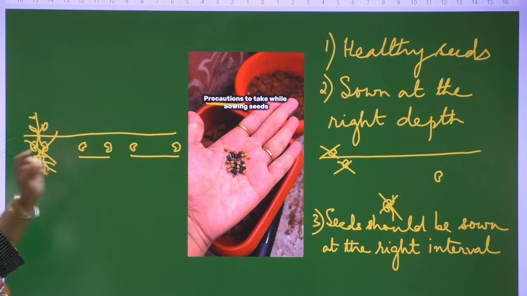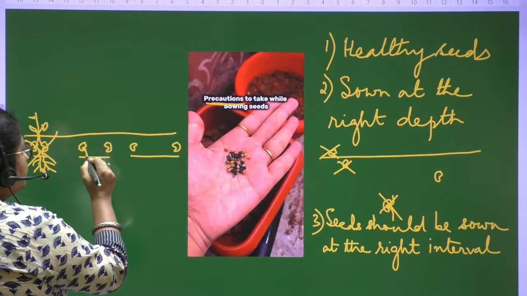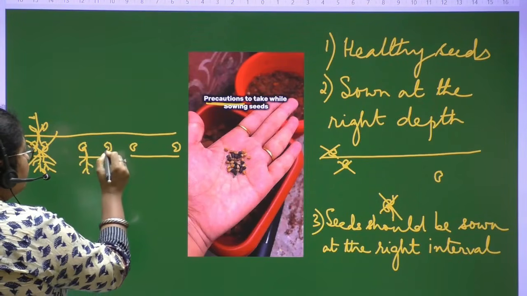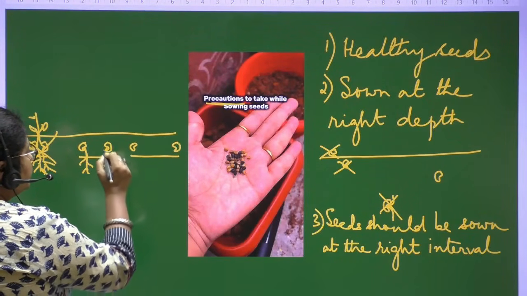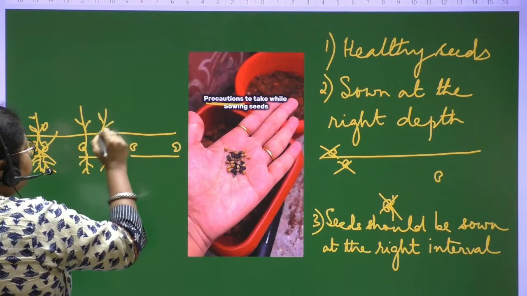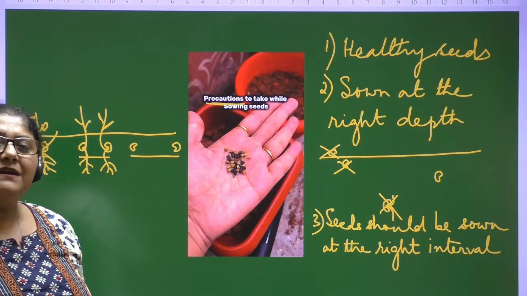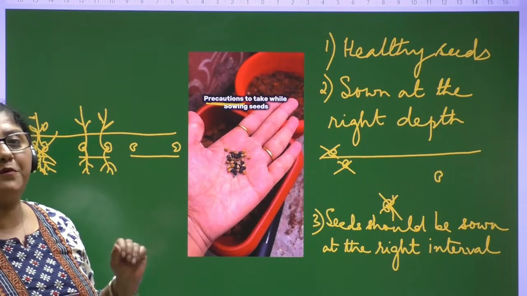Coming to the second case, there is enough space for the root to grow down, for the branches to come out, for the shoot to go up, and for the leaves to come out and make food for the plant by performing photosynthesis in a proper manner.